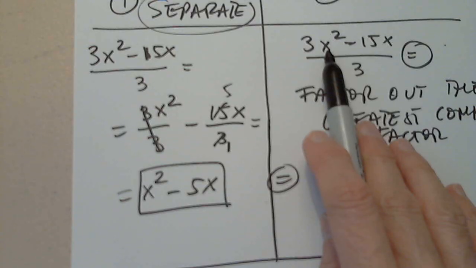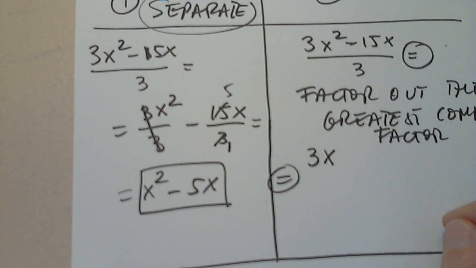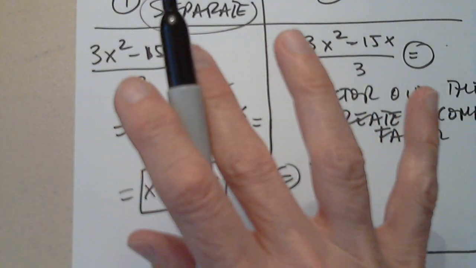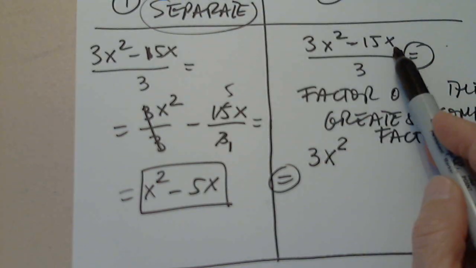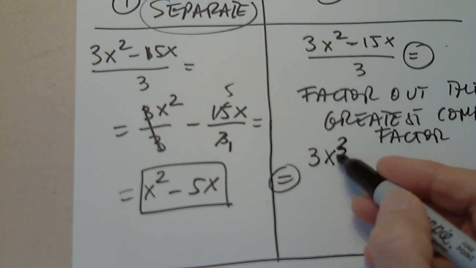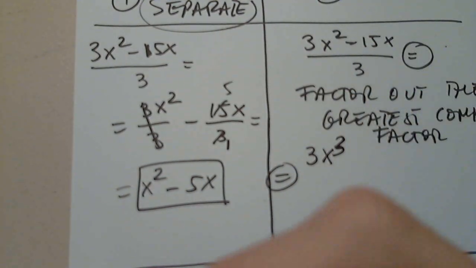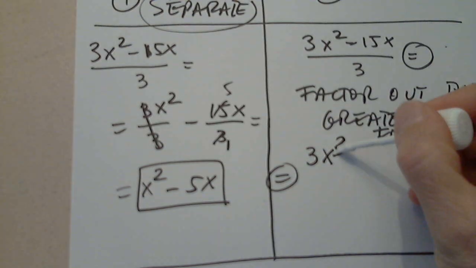Also notice that x squared and x have an x in common. The smallest power of the two. I cannot put x squared because here I only have x. I cannot put x to the third because I only have 2 and 1. I can only use the lowest power. The lowest power is 1.